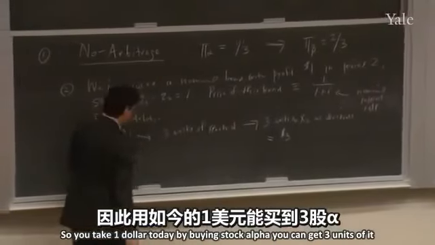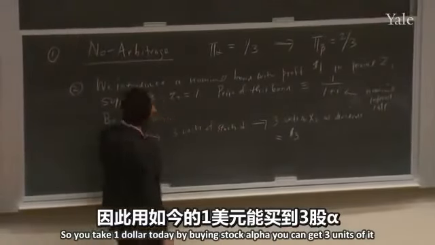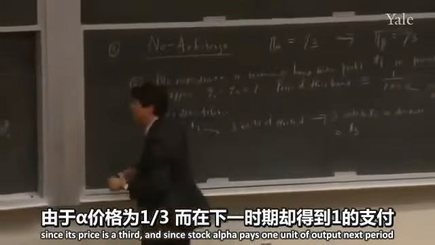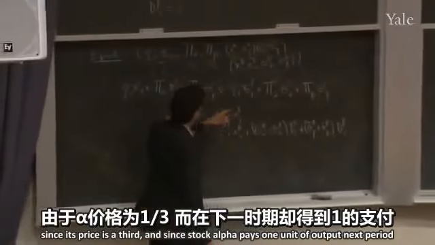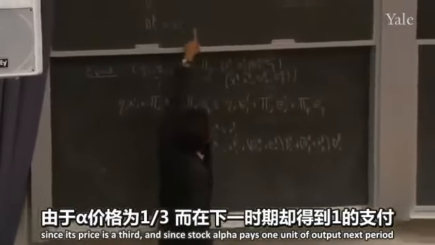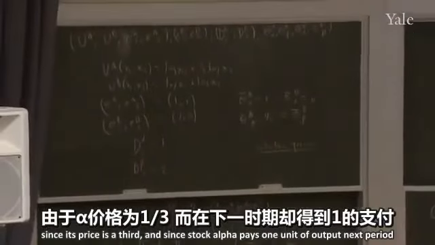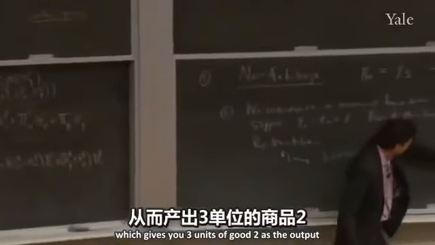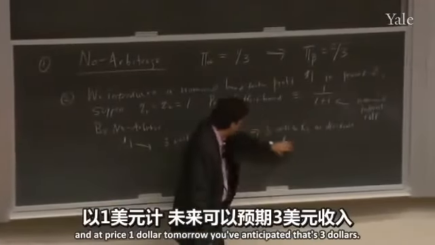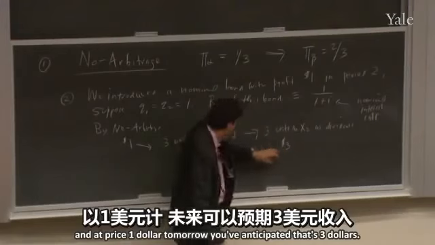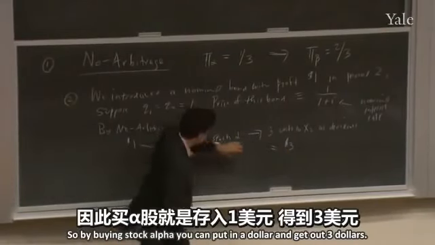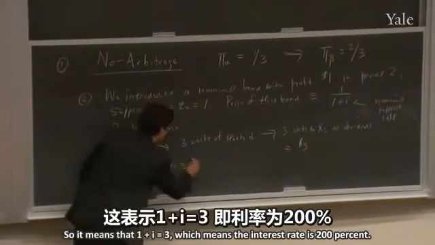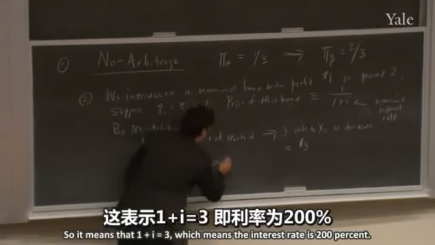So you take $1 today, and by buying stock alpha, you can get 3 units of it, since its price is a third. And since stock alpha pays 1 unit of output next period, $1 today gives you 3 units of stock alpha, which gives you 3 units of good 2 as the output. At price $1 tomorrow, that's $3. So by buying stock alpha, you can put in $1 and get out $3. It means that 1 plus I is equal to 3, which means the interest rate is 200%.